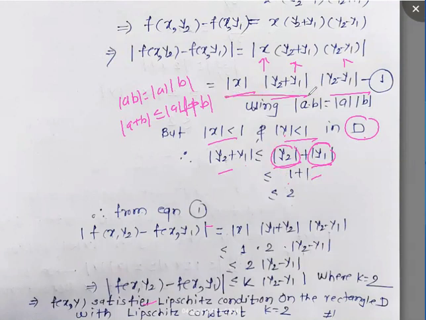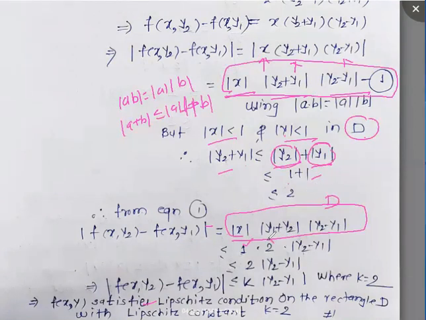So from equation 1, mod x is less than 1 in the region D, and mod of y1 plus y2 is smaller than 2, and this difference y2 minus y1 remains as it is. So we get 2 into mod of y2 minus y1.